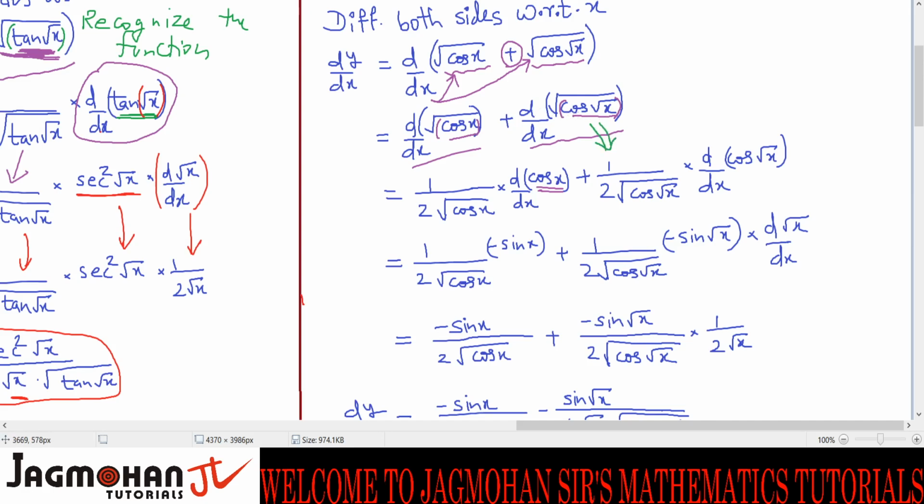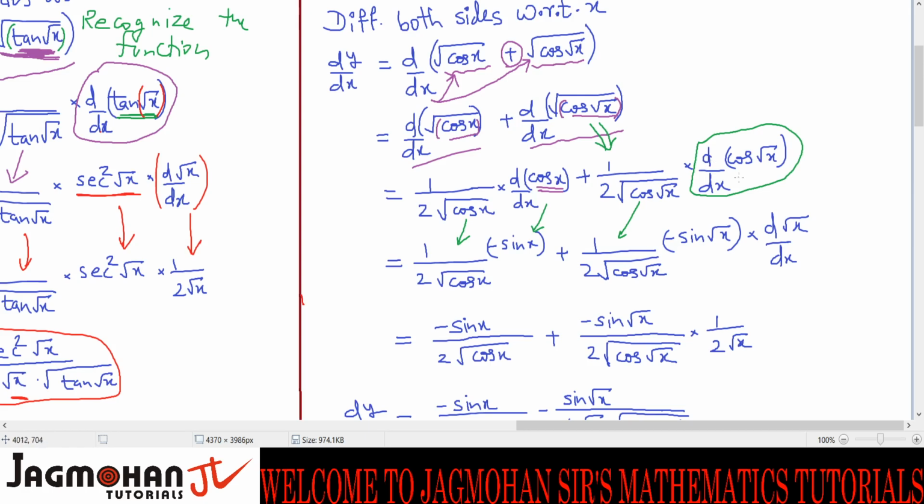So d by dx of root of cos root x is 1 upon 2 root of cos root x into d by dx of f of x, and f of x is cos of root x. The next step. Now this part is copied as it is, and d by dx of cos x is minus sin x.